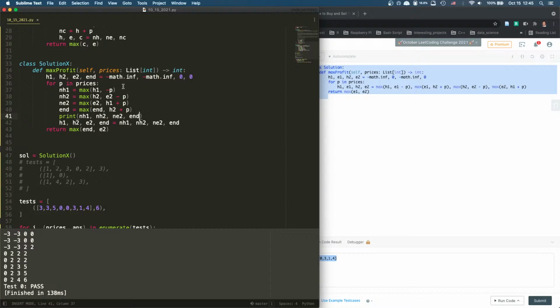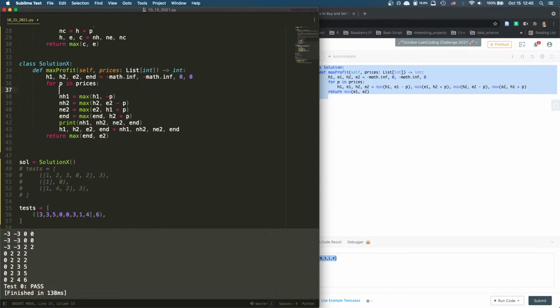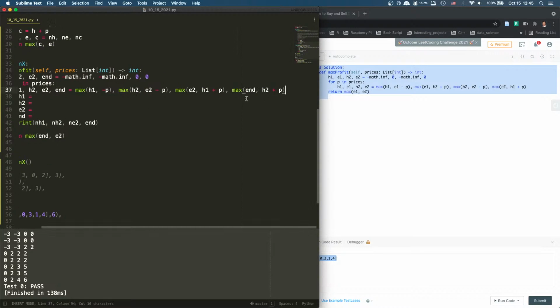And then I'm pretty sure we can just do H1. And I think we can move these here. This equals this. This equals this. That's what it means by having only 2 transactions.